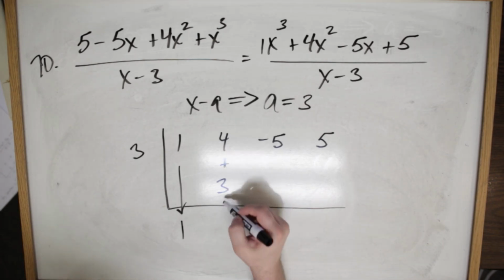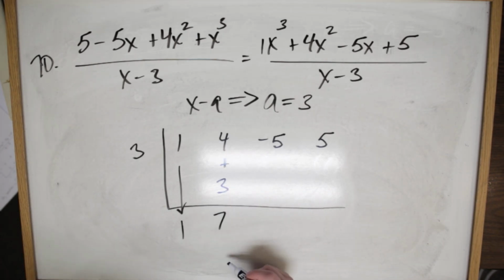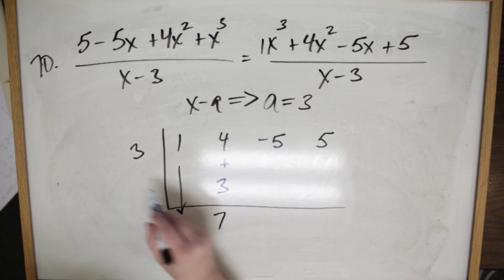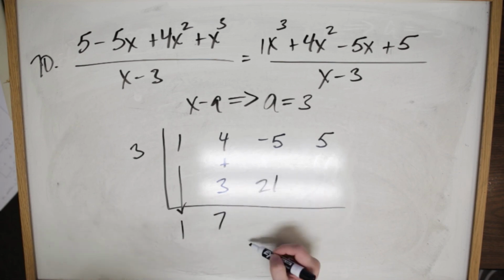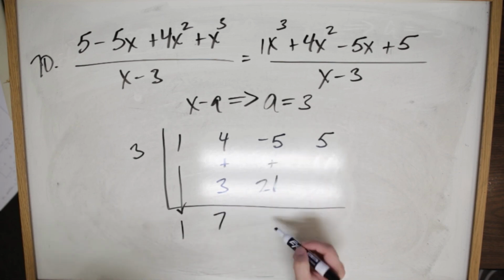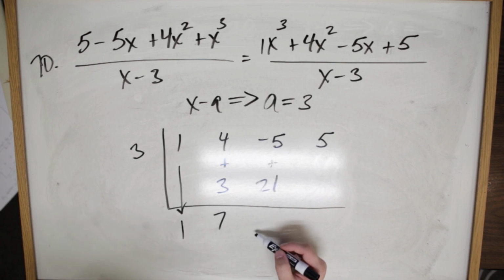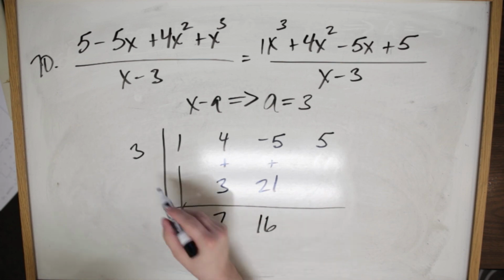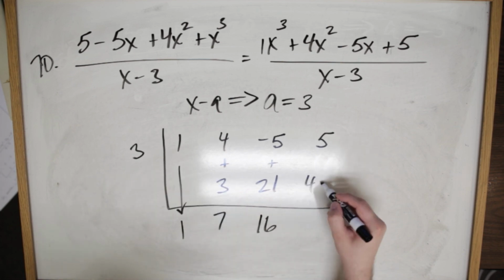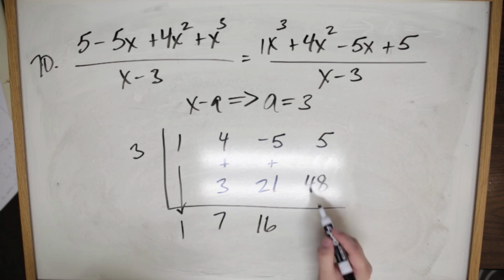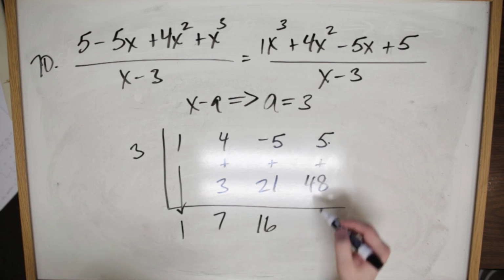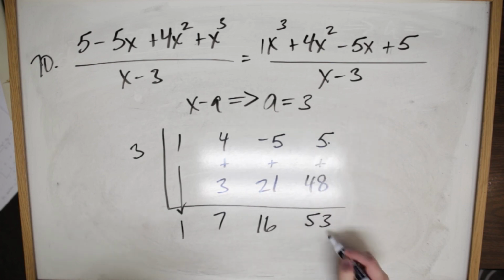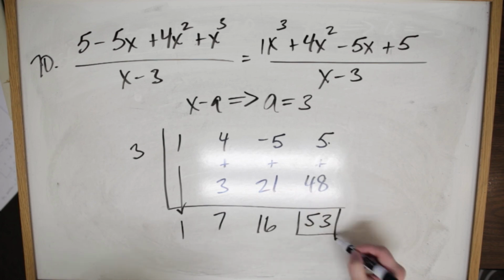We add these together, so this becomes 7. 7 times 3 is going to be 21. 21 plus a minus 5 is going to be a positive 16. Okay? 16 times 3 is going to be 48. 48 plus 5 is going to be 53. This is going to be our remainder.